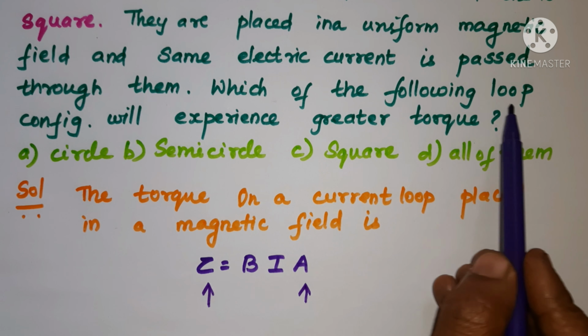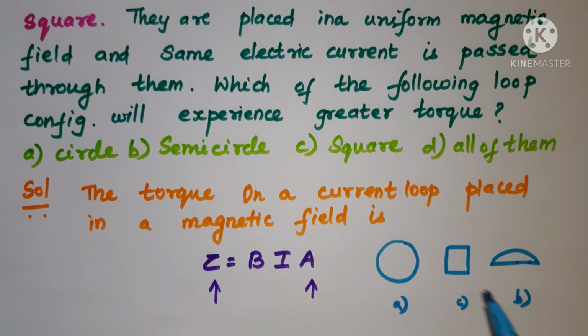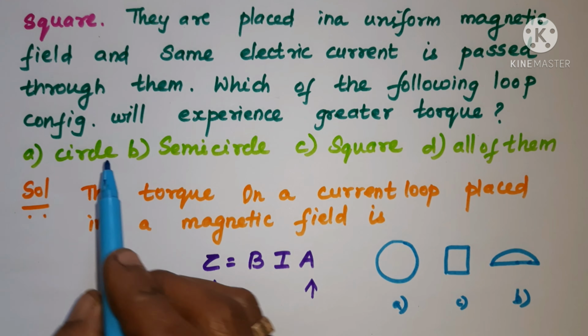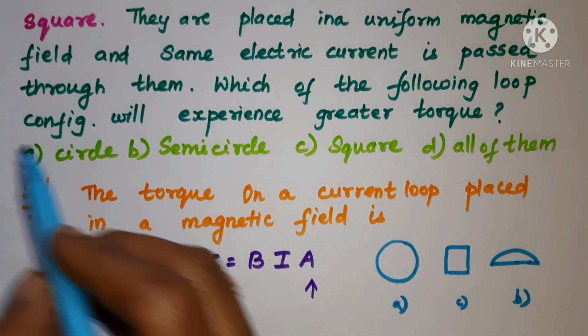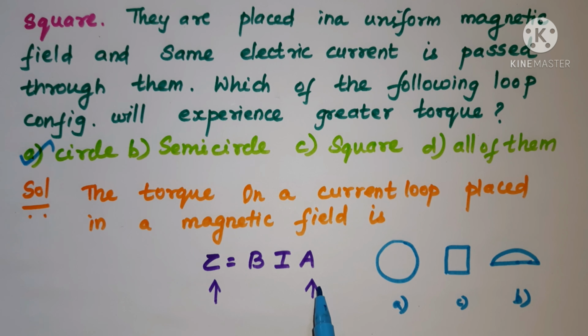When we talk about a circle, a semicircle and a square, the circular loop has a greater area than the other two. So the circular loop will experience greater torque in the magnetic field because the torque has a direct dependence on the area of the loop. The circle will experience the greater torque as its area is more.